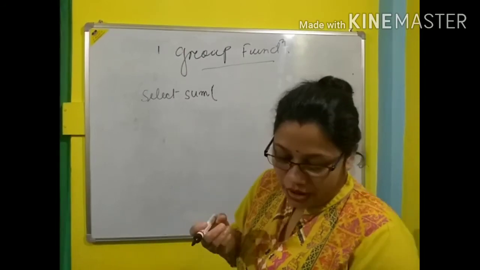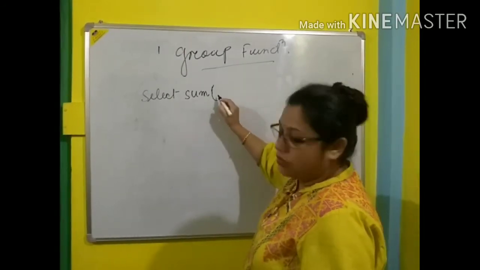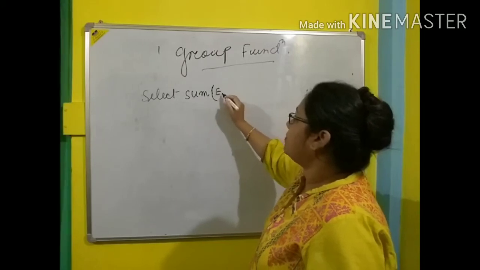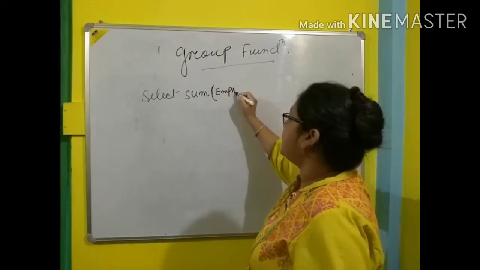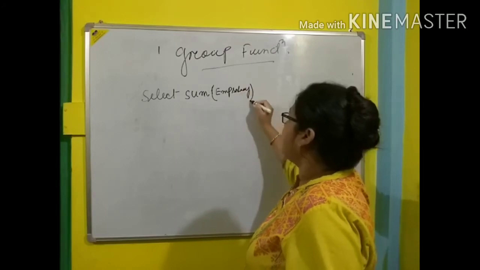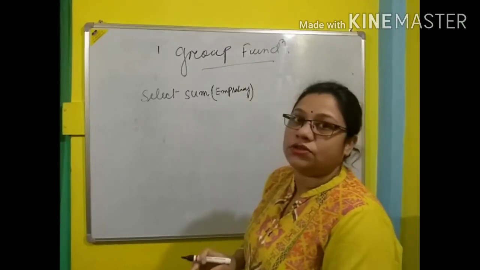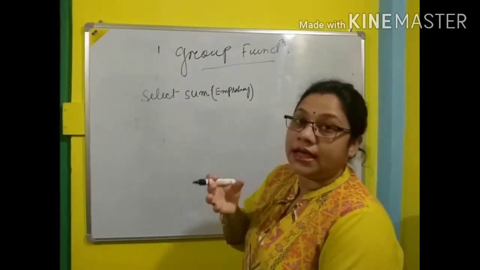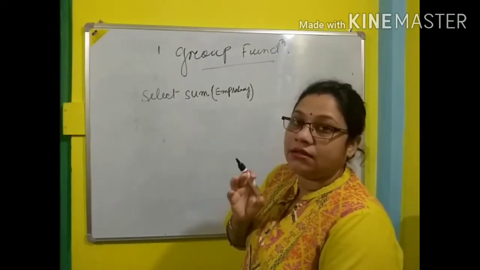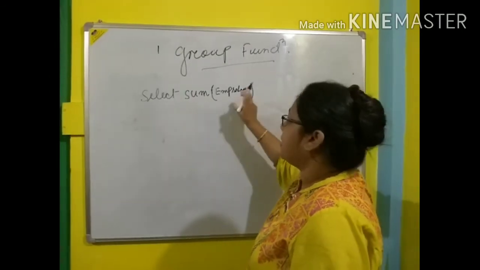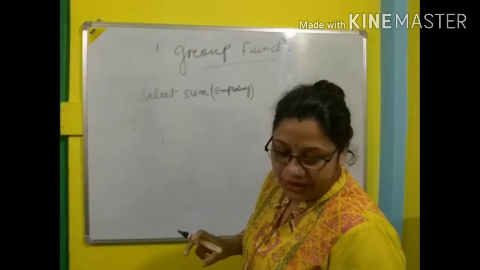So from the book we have employee salary. That means the column name is EMP salary. This column includes all the salary of the employees. So select sum EMP salary.